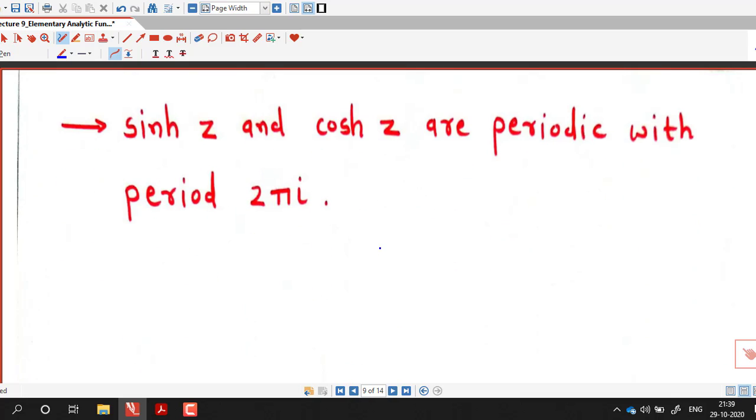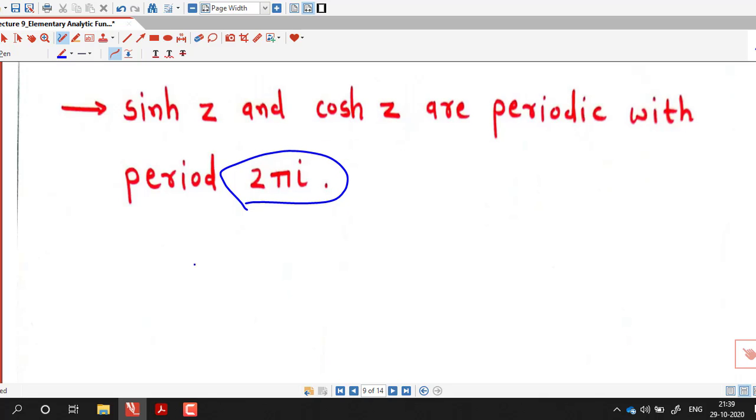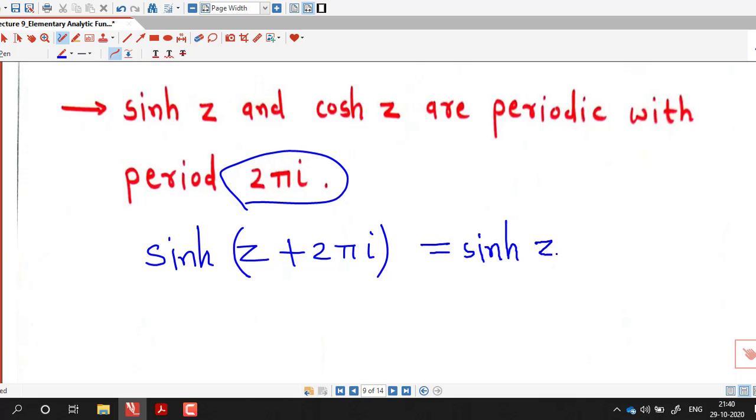Next property is that sine hyperbolic z and cos hyperbolic z are periodic functions with period 2 pi i. So if I want to prove that sine hyperbolic z is a periodic function, I have to show that sine hyperbolic z plus 2 pi i must be equal to sine hyperbolic z for all z.